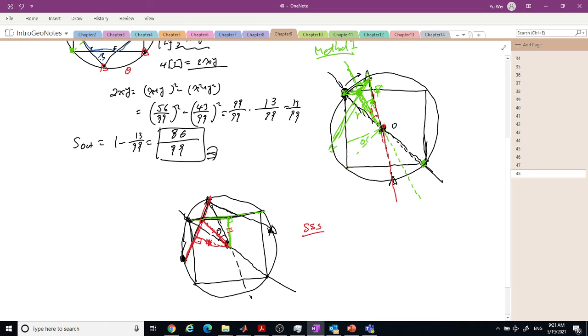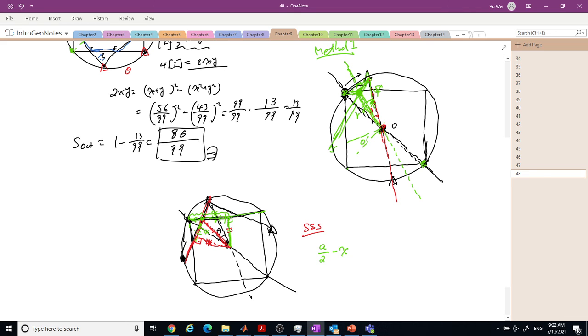Then we can prove this side is equal to this side. It's x and x. On this side is half of the chord, and the other side is 2a minus x. This length is also 2a minus x.